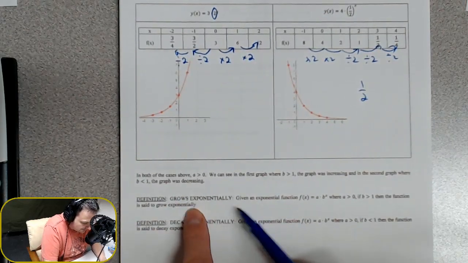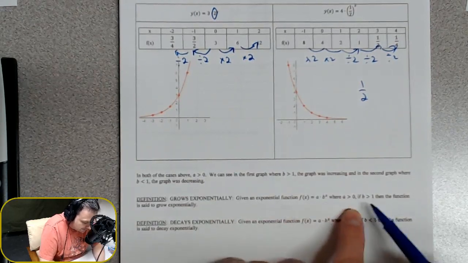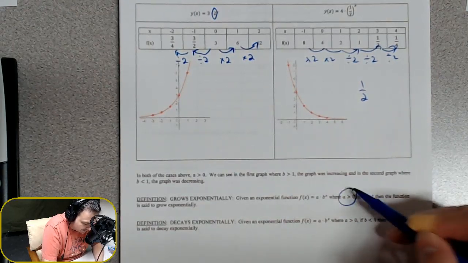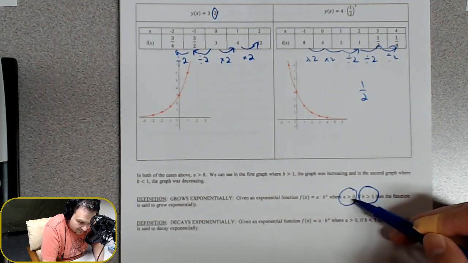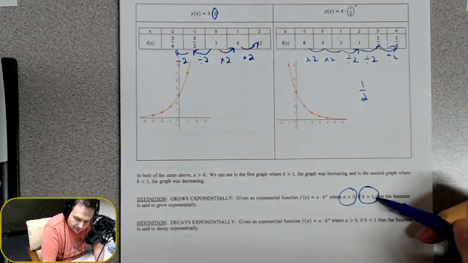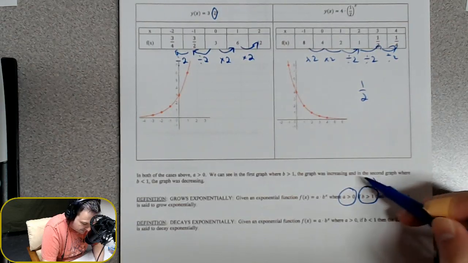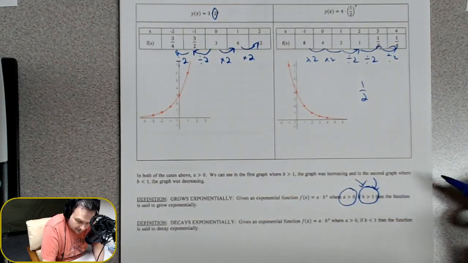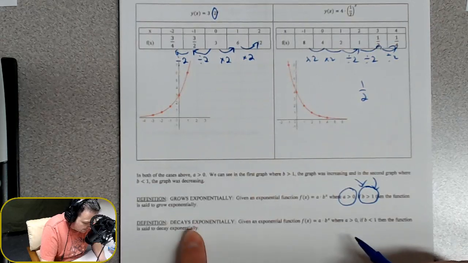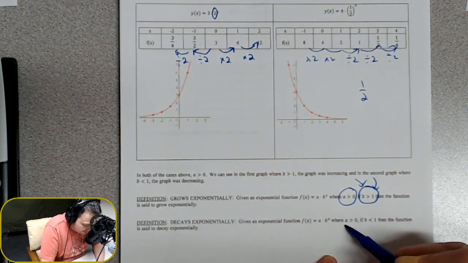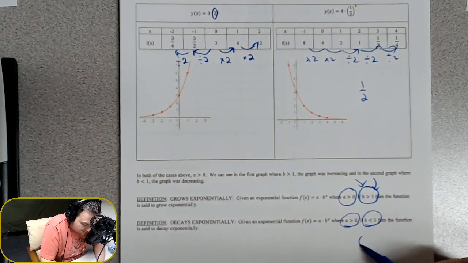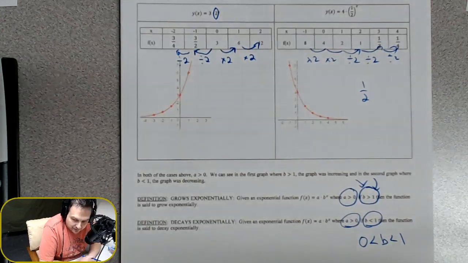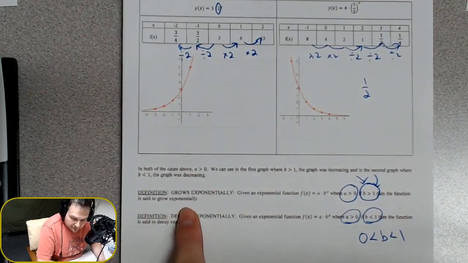Exponential growth is when A is greater than 0 and B is greater than 1. This is the key. B is greater than 1 like we said already. Exponential decay, A is greater than 0, of course, same thing, but B is less than 1. Now remember, B can't be negative. So that's why we've been saying B is between 0 and 1. So there's our two definitions.